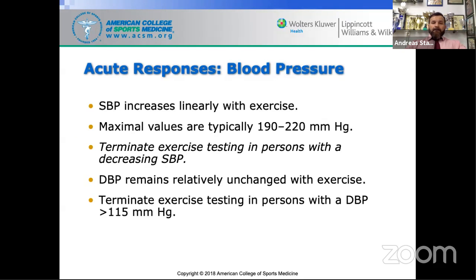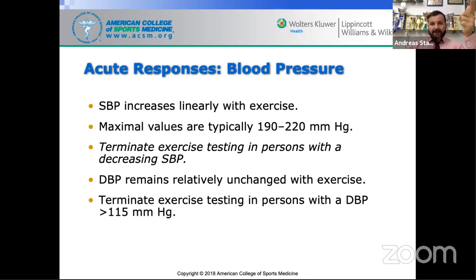Blood pressure. The systolic blood pressure, and systolic again is when the heart contracts, increases. The maximum values, you can see them. Hg is mercury. If the intensity is going up and the SBP is not going up, that's not good.